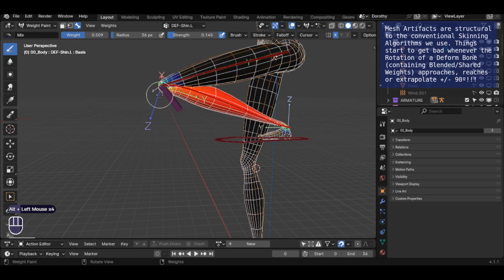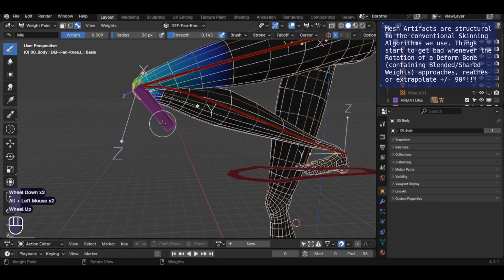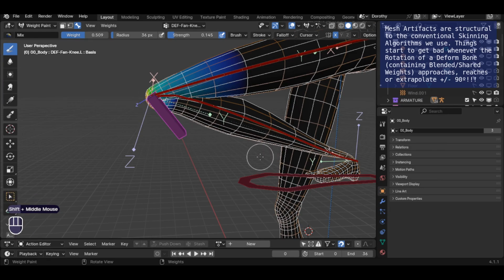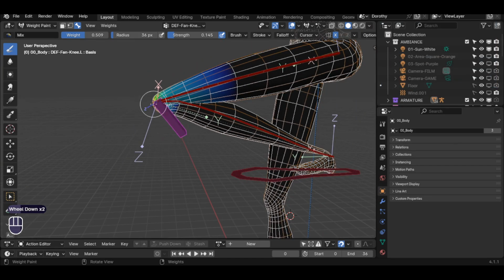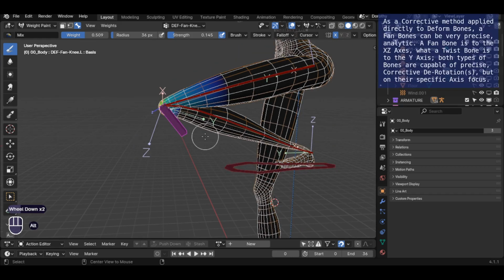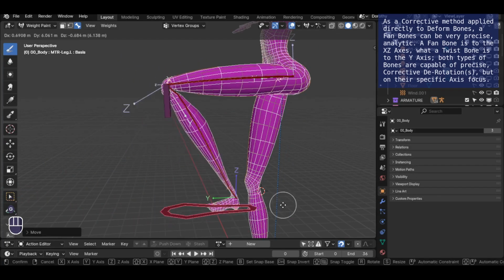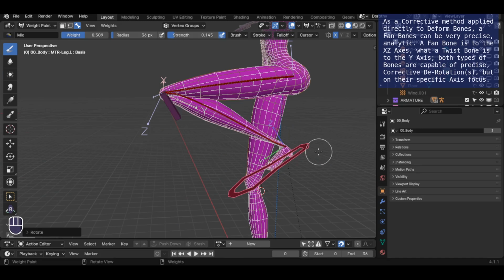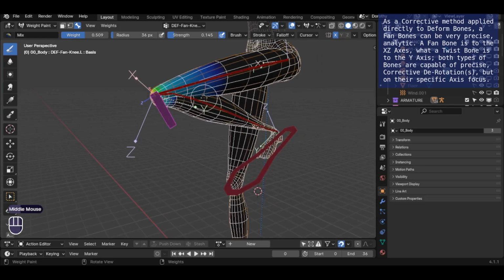Right? Because we have a blended weights region on the knee joint in this case, and the fan bone may hold certain weights. There are many ways to develop this, but here it's even inappropriate. But the idea is that it will hold, as a deform helper bone, some weights that will help derotate the mesh, so that as we get, for example, this heavy rotation here, very high rotation here, then with the fan bone rotating in the opposite direction but still aligned, even though in an opposite way to the shin bone, it will derotate the mesh.